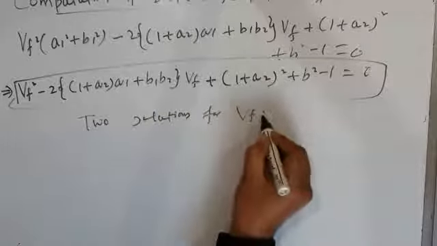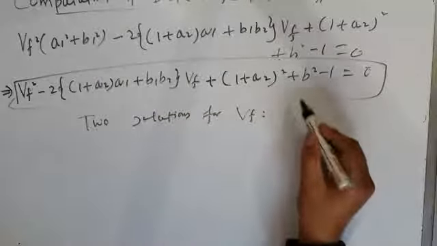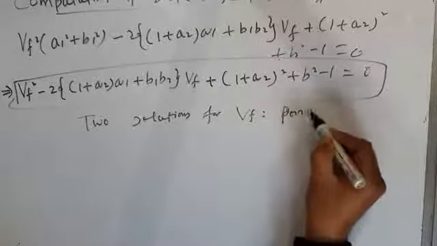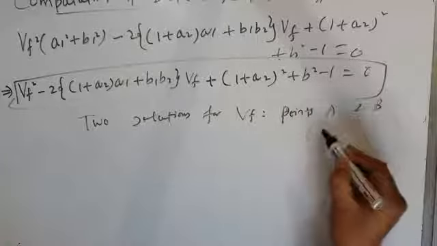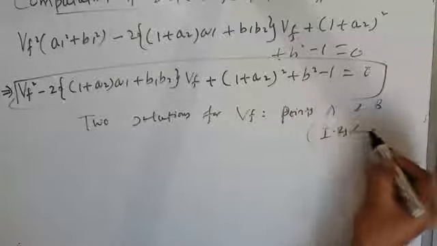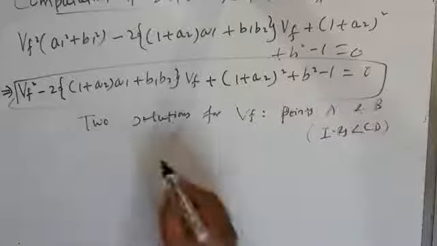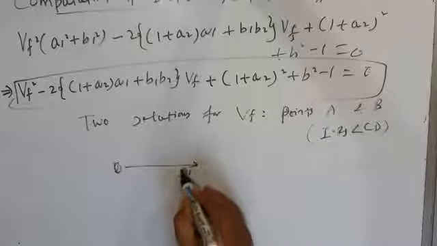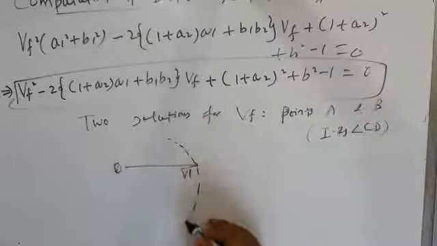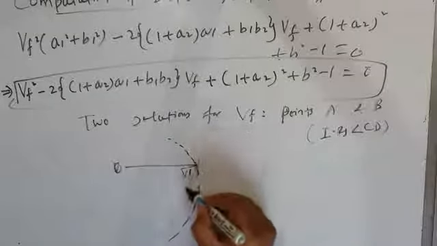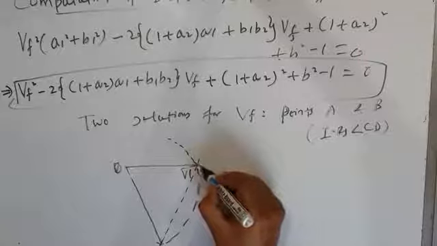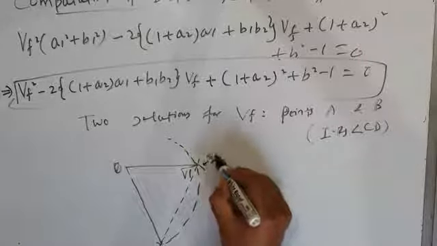The generalized phasor diagram that we drew a little while ago has these two solutions. These points A and B, when I into Rs is less than CD, give you two solutions. For your reference, I draw the phasor diagram again. These are the solutions. This is I into Rs.